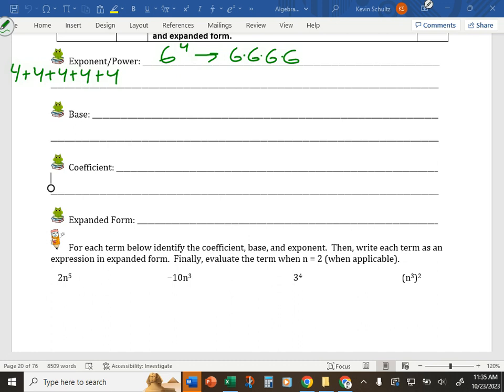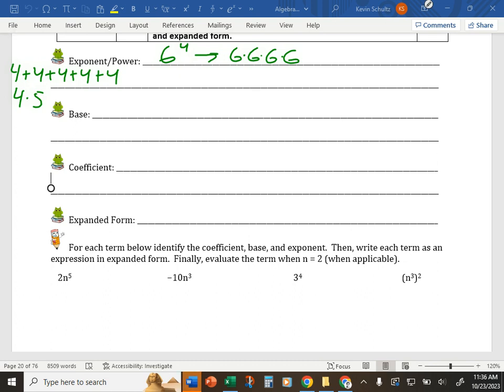Well, when early mathematicians were developing operations and symbols, they realized this is a lot to write out. There's got to be a faster way. And thus we had multiplication. Multiplication is just repeated addition. How many 4s are being added together? 5 of them. That's the same as 4 times 5. And exponents are kind of the same thing.